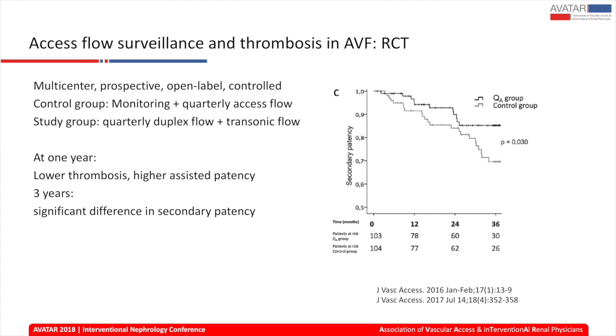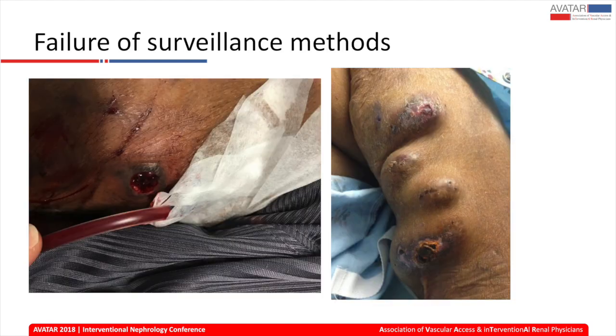This is where the Avatar's initiative about relooking at this is very critical. We really need more data, more studies to look at how the practice patterns change and how the practice patterns can impact these surveillance programs on the access outcomes, and I'm really, really happy about what it has been looking at.